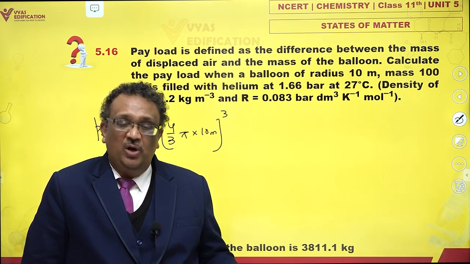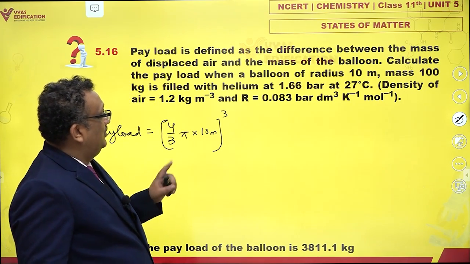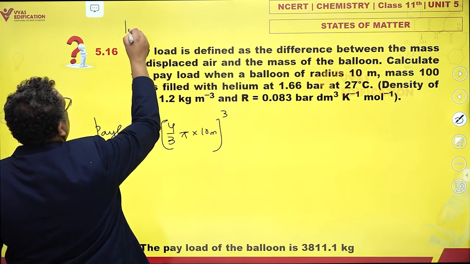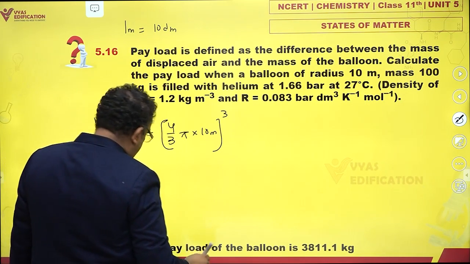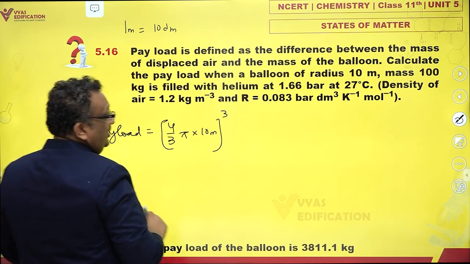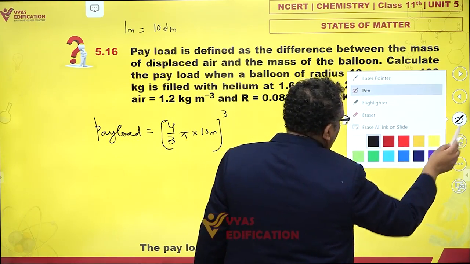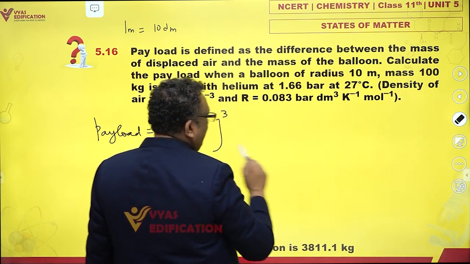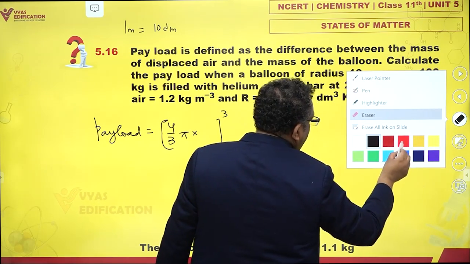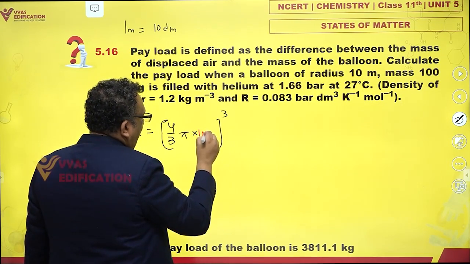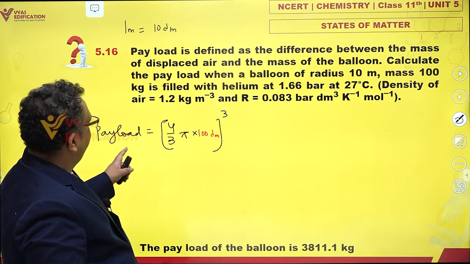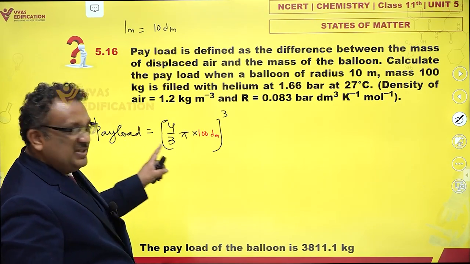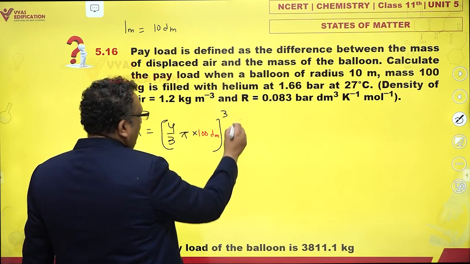Now, if you want to convert this to decimeter, please remember 1 meter is equal to 10 decimeter. So, if you are interested in changing units, one could also change this unit. Instead of 10 meter, I can write 100 decimeters. This becomes easier. So this is volume of balloon.